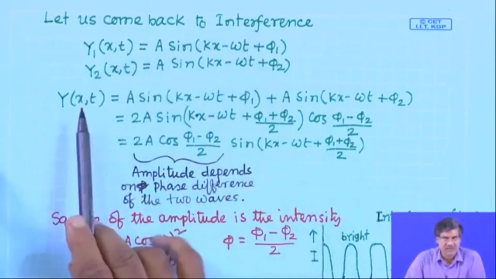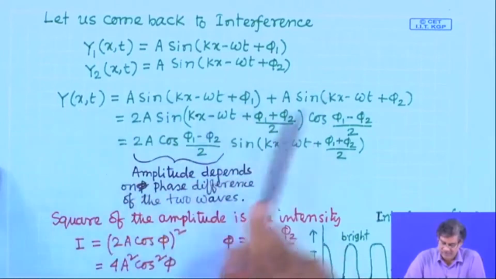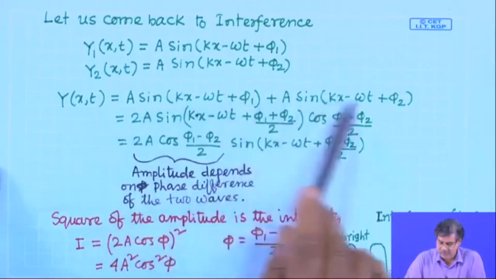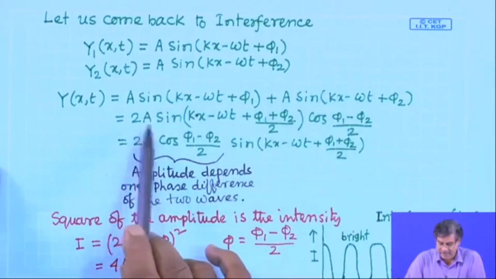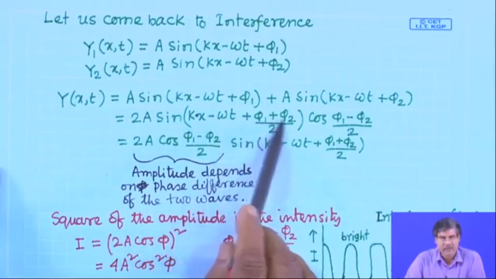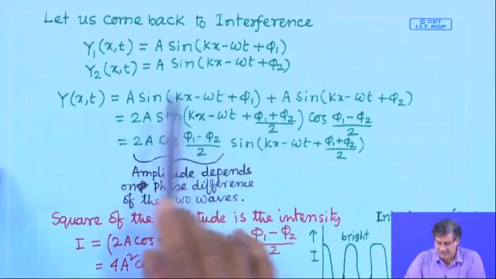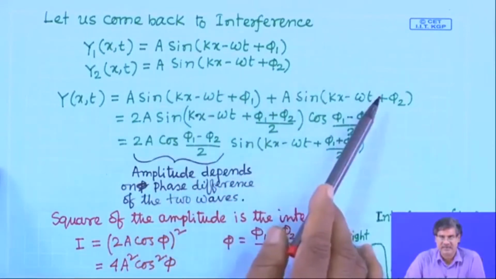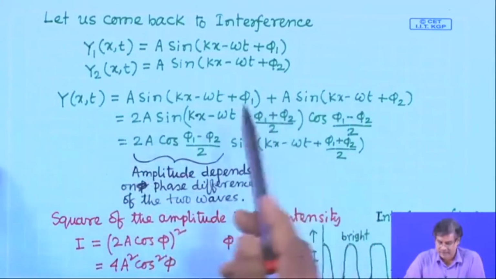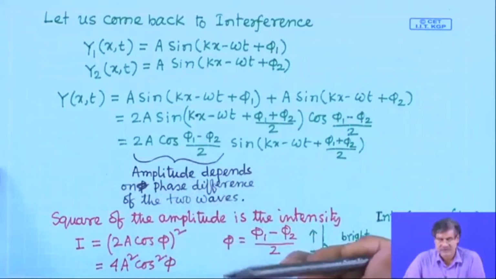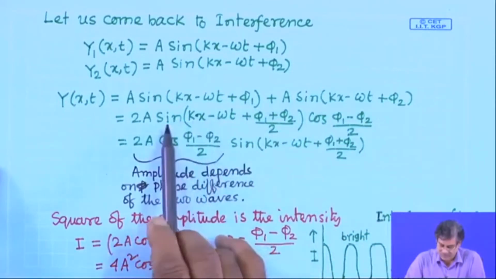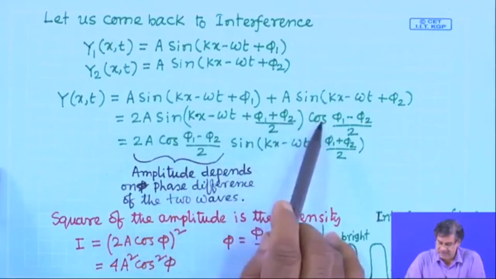So, superposition of these two travelling waves will give us 2a sin(kx minus omega t plus (phi 1 plus phi 2) by 2), using sin A plus sin B. Okay. So, 2 sin((A plus B) by 2) cos((A minus B) by 2). So, from there we are getting two terms, one is this term and another is this term.